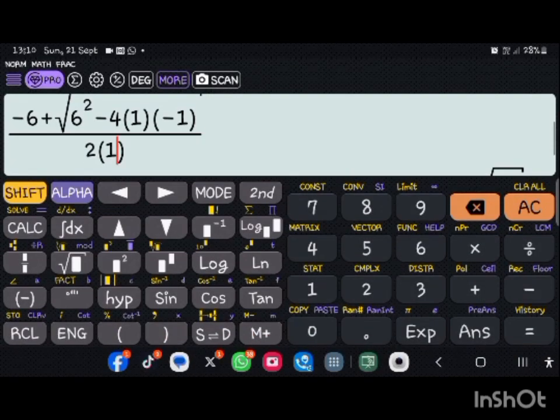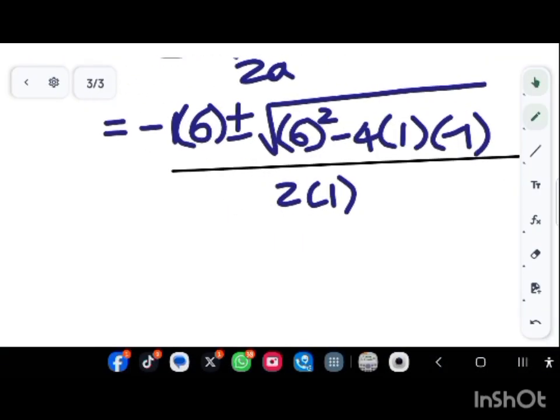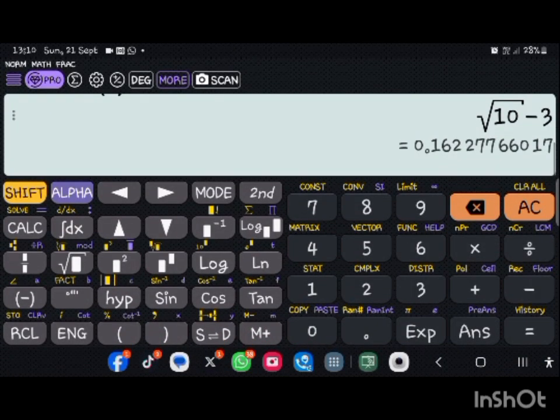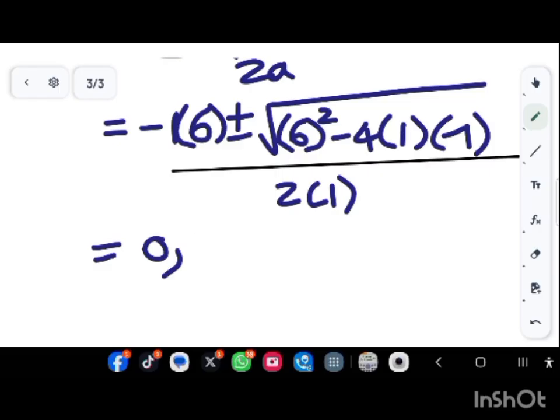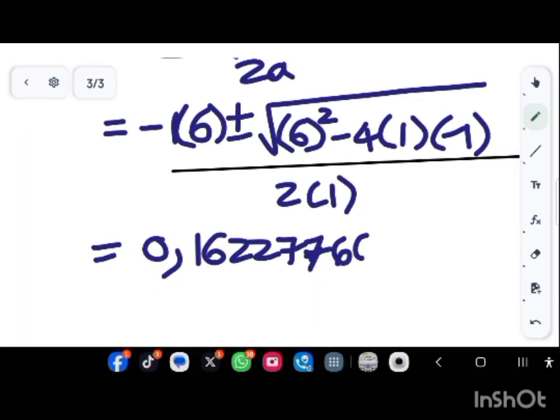Correct. And that is equal to 0,162277660. So let's make that 5 digits so we can run it back. So that equals to 0,162277. What is the other one? 660, and so on and so on.